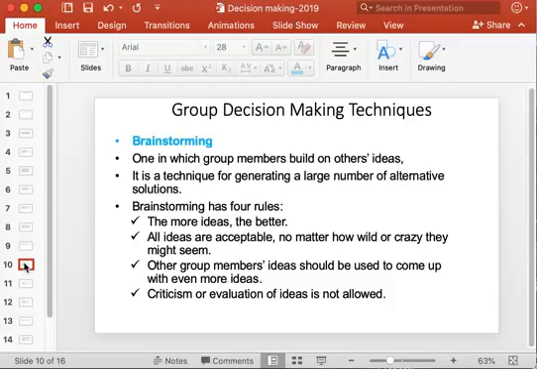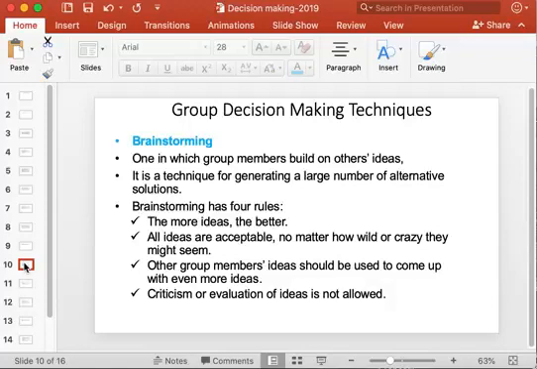Brainstorming has 4 rules. So if you use brainstorming techniques, it is important to use these 4 rules. In brainstorming, you must allow as many ideas as possible to be shared by each member.